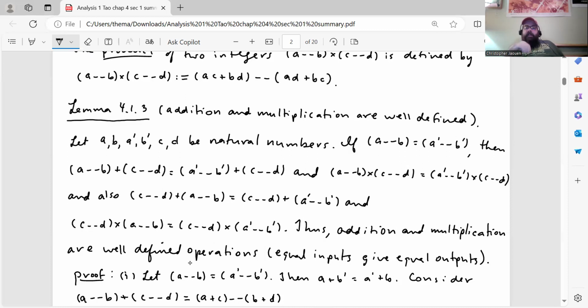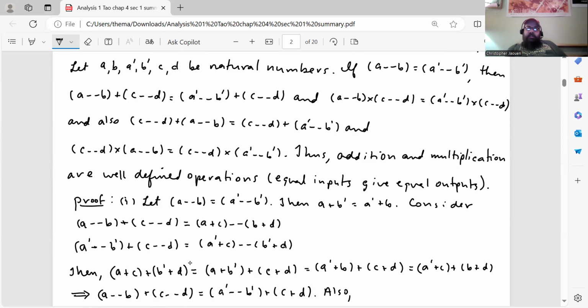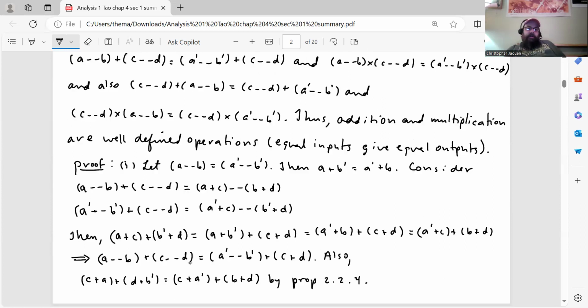If a—b equals a'—b', then a—b plus c—d is equal to a'—b' plus c—d, and a—b times c—d equals a'—b' times c—d. And addition is commutative as well, so it doesn't matter which side you multiply or add on. Thus, addition and multiplication are well-defined operations. In other words, equal inputs give equal outputs. So here's the proof.